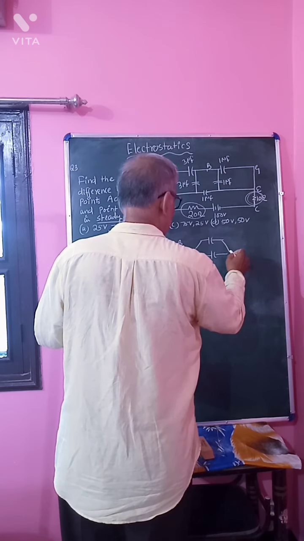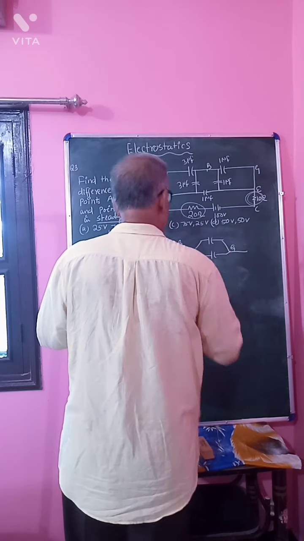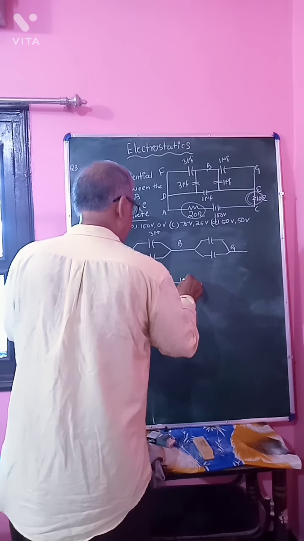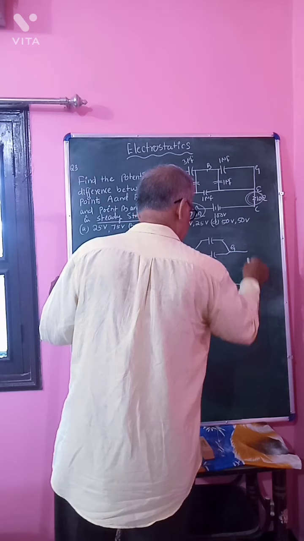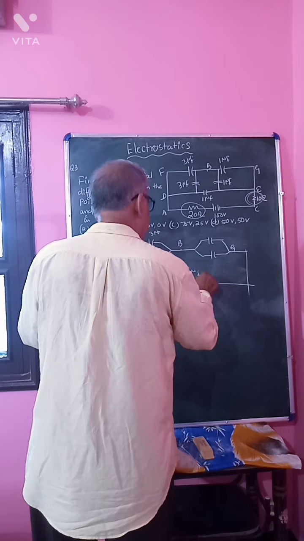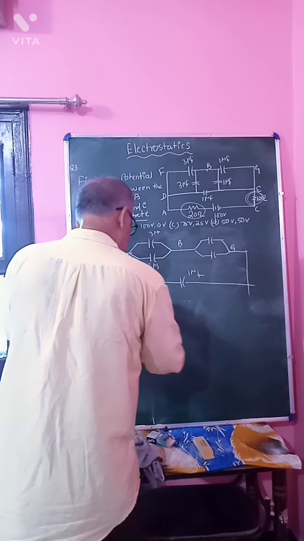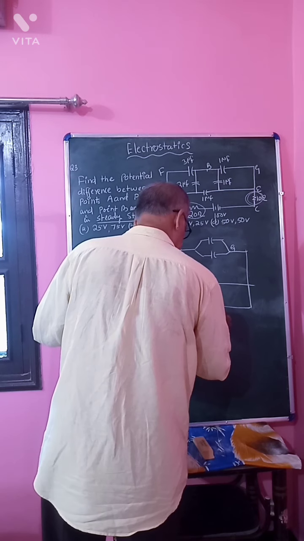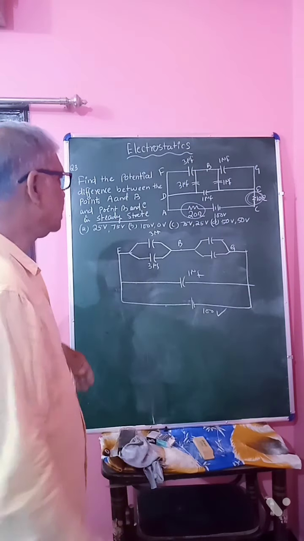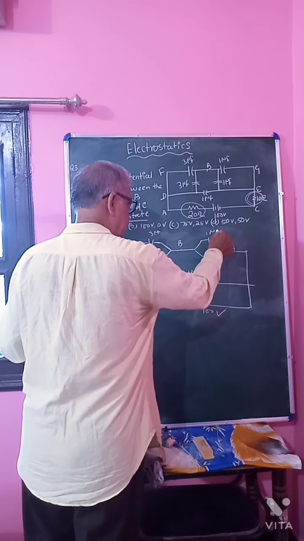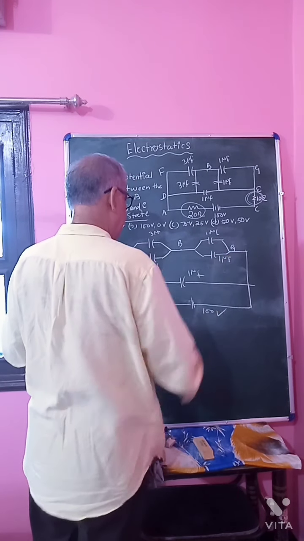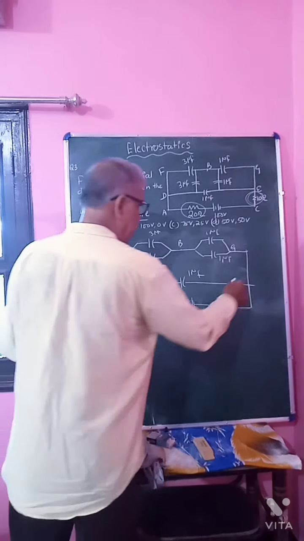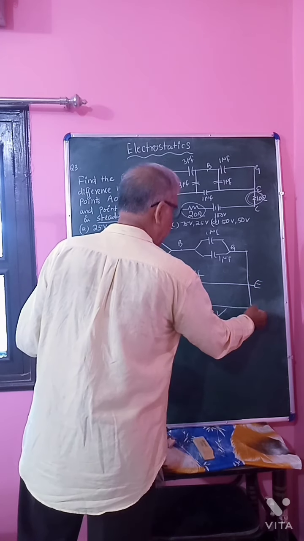This point is the point G, and this is a 1 microfarad capacitor, and we have our source of EMF, say 100 volt. Now this is 1 microfarad, 1 microfarad, 1 microfarad, 1 microfarad, point B. This is point A, point D, and point E, point C.